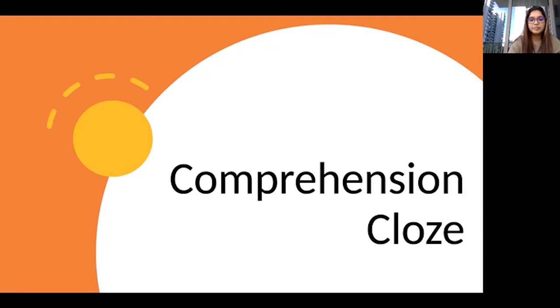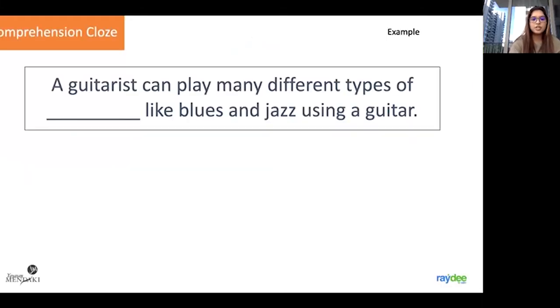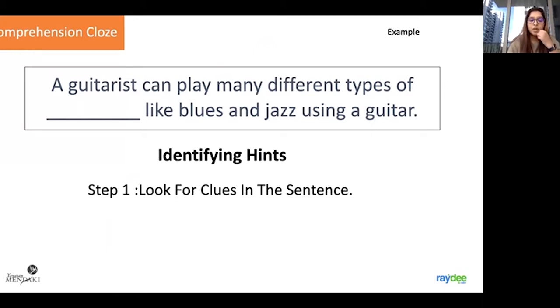So for comprehension close, we're going to look at the first extract here. A guitarist can play many different types of what, like blues and jazz, using a guitar. So over here, you need to tell the students to apply step one, which is to look for clues in the sentence itself. We know that this extract has something to do with music.